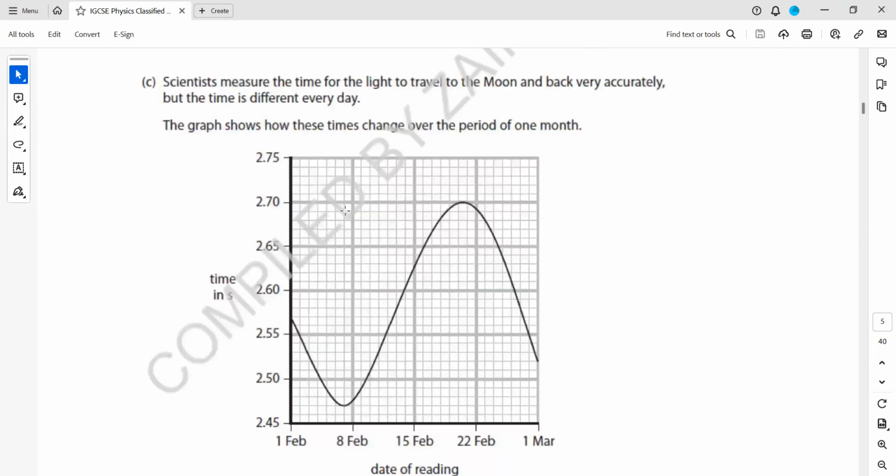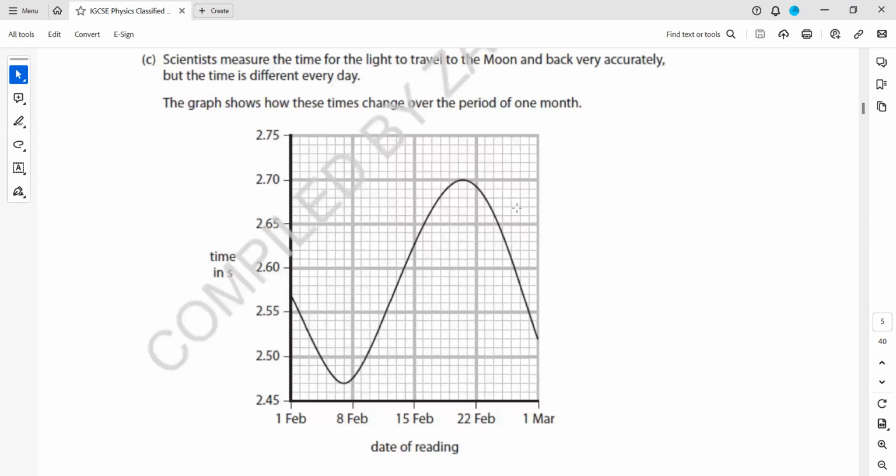The scientists measure the time for light to travel to the moon and back very accurately, but the time is different every day. Some days the light reflected from the moon comes back in a shorter time, and there is an everyday cycle. The graph shows how these times change over a period.